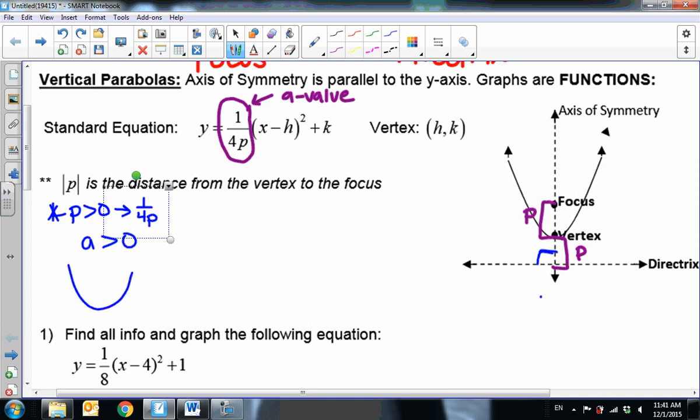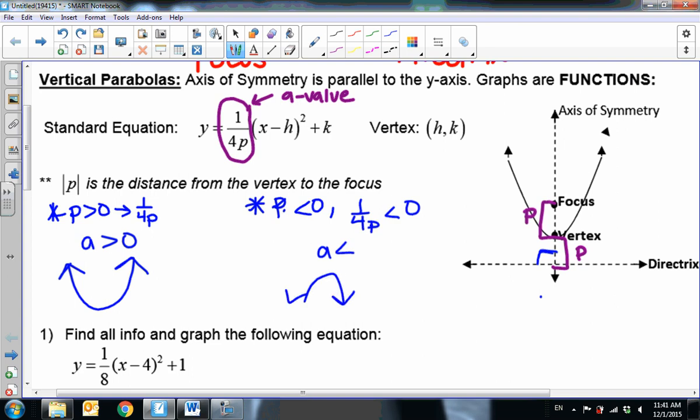Up. So what do you think the flip side of that is? Yeah, if p is negative, then 1 over 4p is also negative, which means that a is negative, which means that the graph opens down.